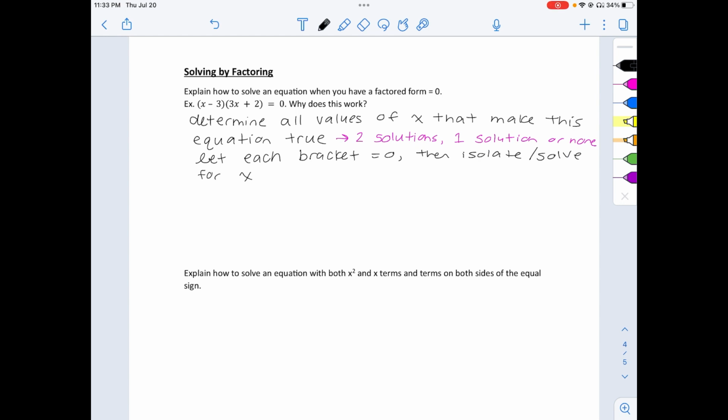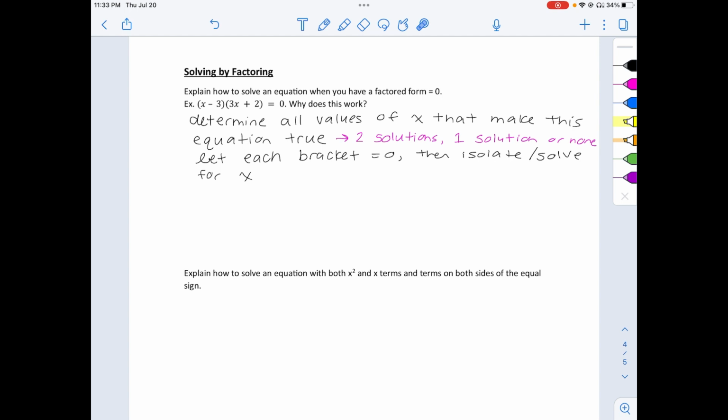And the reason that this works is because we've got this bracket multiplied by this bracket equals 0. And we know in multiplication, if you're multiplying anything by 0, your answer is always going to be 0.